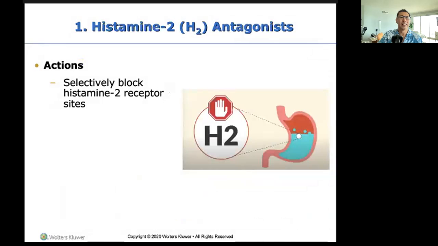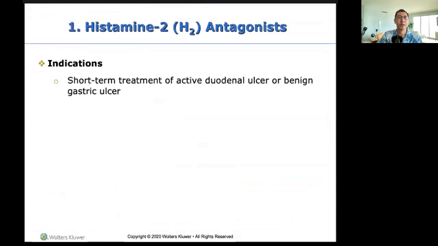H2 antagonist selectively blocks H2 receptor sites, leads to reduction in gastric acid secretions. What do we use it for? Short-term treatment of active duodenal ulcer, or now I'm saying cancer, or benign gastric ulcer. I guess I didn't know this. This is not going to be on the test because I'm just finding this out.